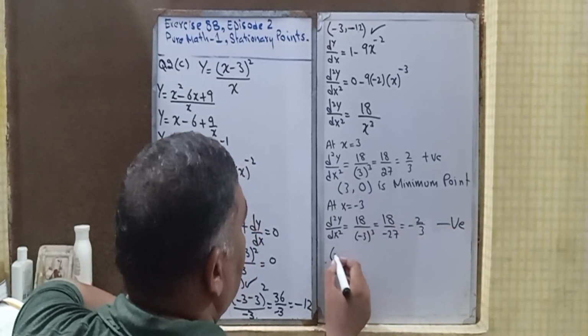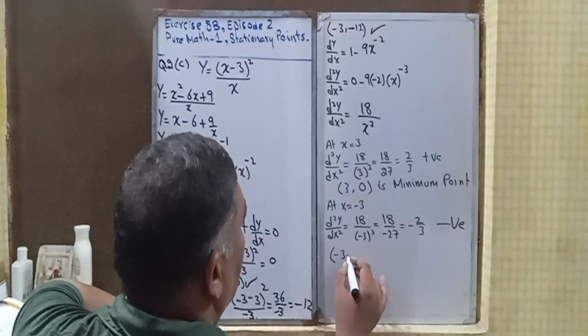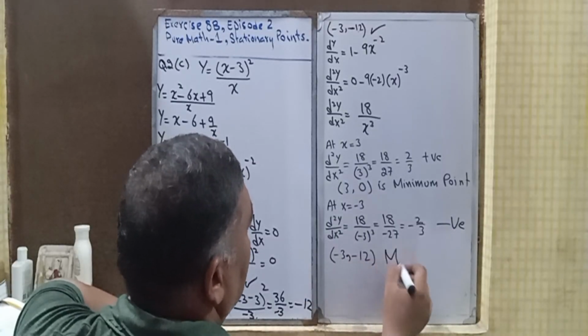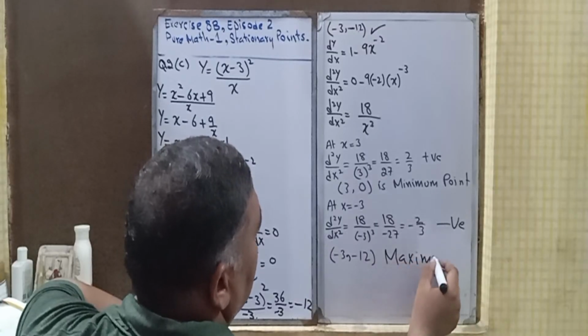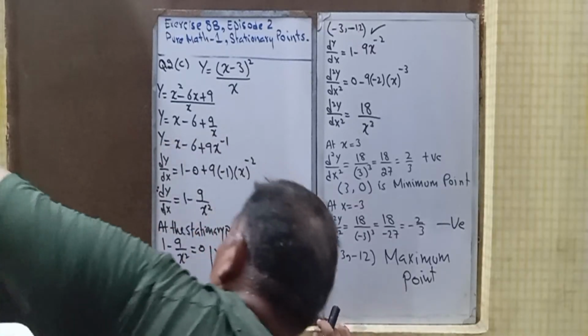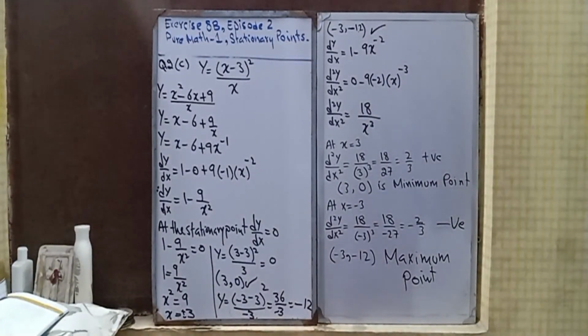So it means that minus 3 comma minus 12 is a maximum point. So this is how we will do question number 2, its C part. I hope this is clear to you.